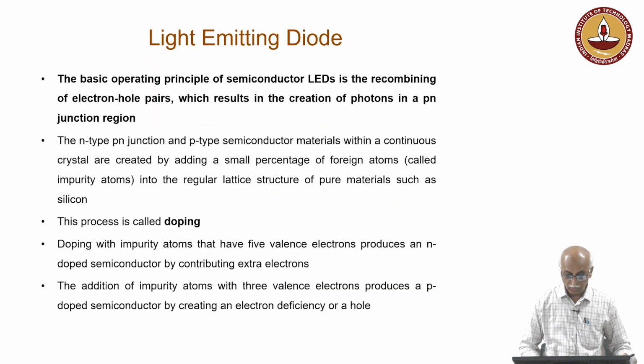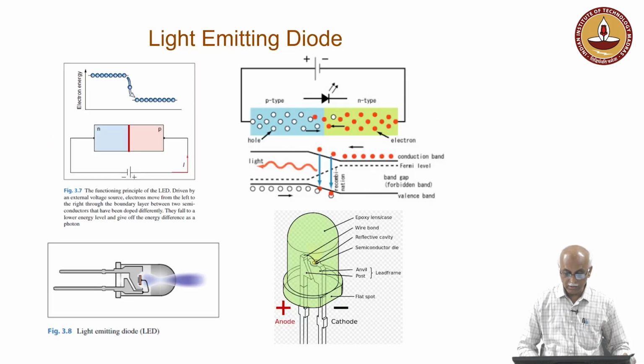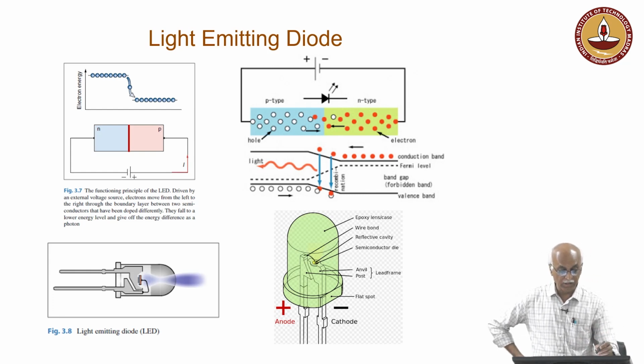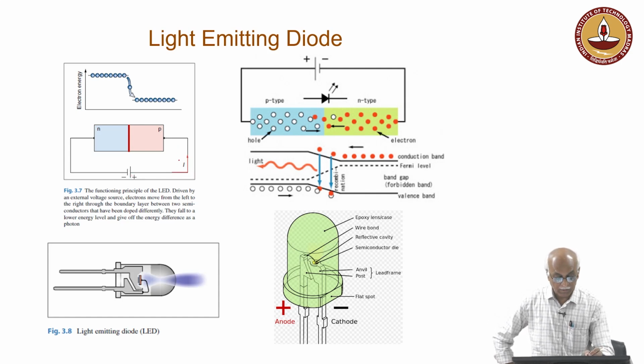Maybe in a very simple way, let us consider a PN junction of a semiconductor material, and we go with a positive bias. What is expected?